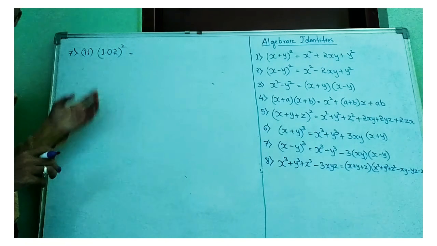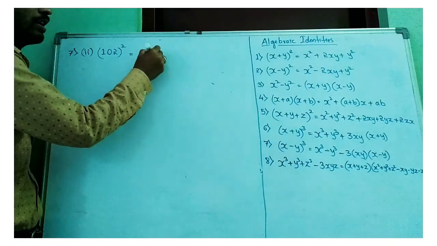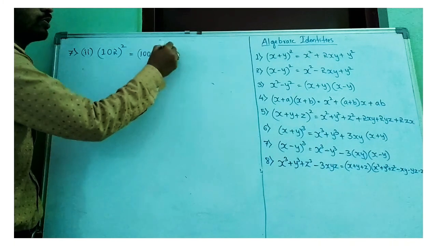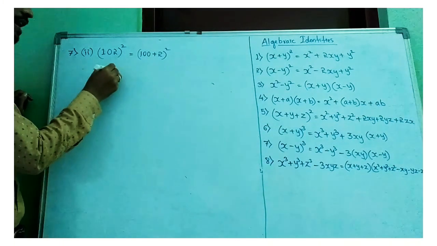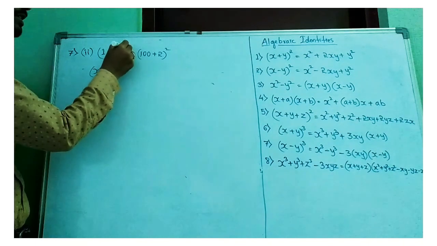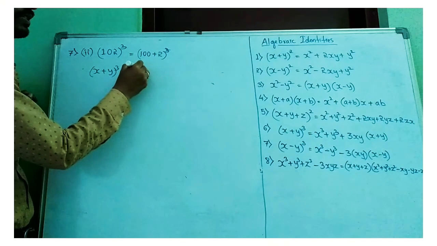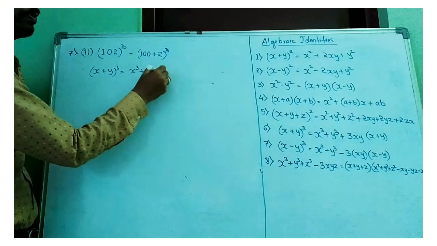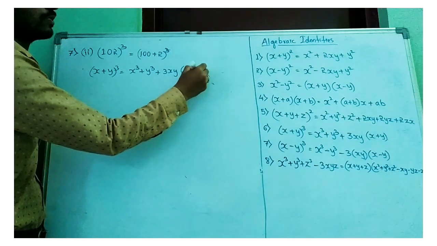In the second problem they gave 102 whole cube. I will write it like this, (100 plus 2) whole cube. So we have the identity, sixth one, (x plus y) whole cube, which is x cube plus y cube plus 3xy into (x plus y).